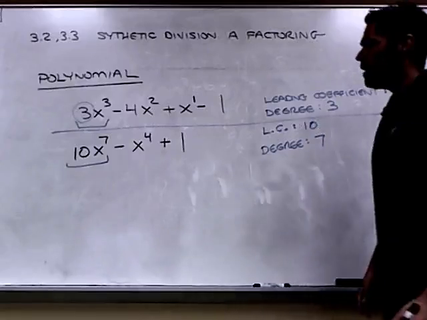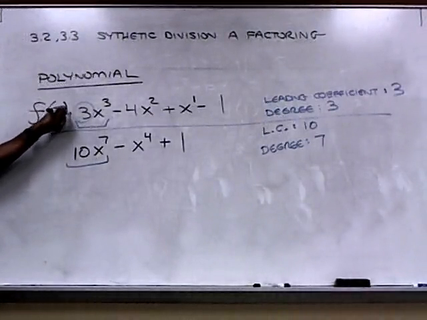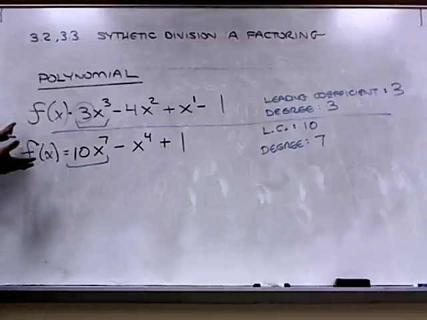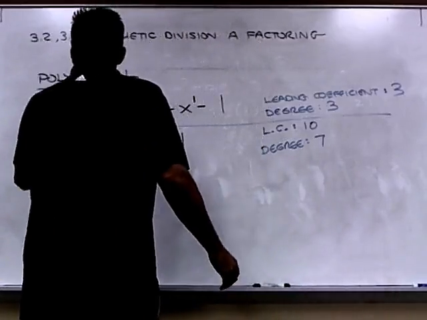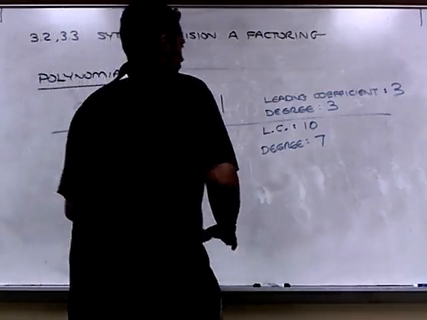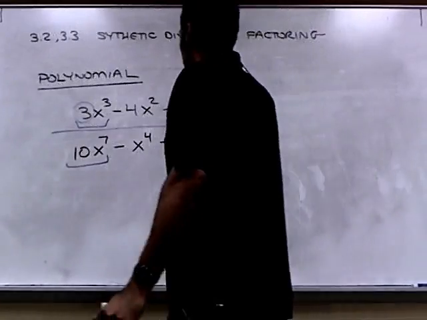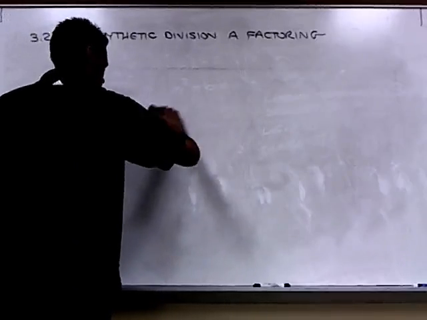Now if we throw a function in front of it like this, then now we have a polynomial function. And over here, if we throw a function in front like that, then we have a polynomial function. Understand? Okay, so we'll get to the functions in a second. We're not ready for that. That's just some language so that we can start this synthetic division and factoring thing.